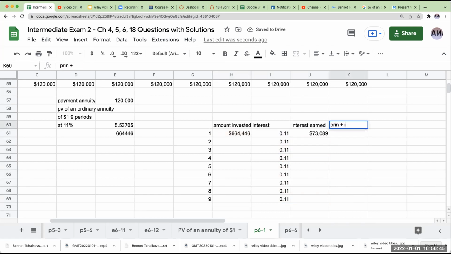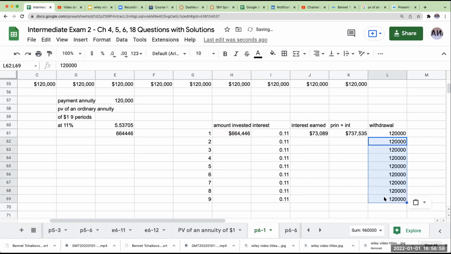So my principal plus interest is going to be 664,446 plus the 73,089. My withdrawal is 120,000, and this is going to be happening each of the next 9 years. So my ending balance is going to be the principal plus interest minus the 120, or 617,535.